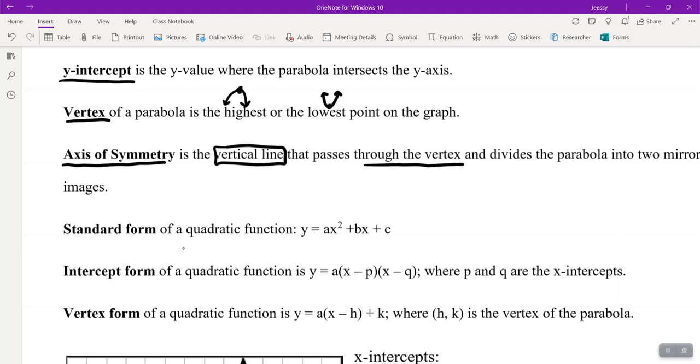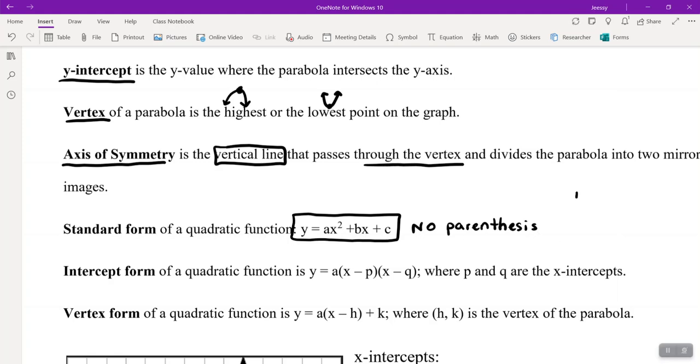Standard form is when you have no parentheses. Please write it down. Whether you have 3 terms, 2 terms, or 1 term. Notice that the definition simply says no parentheses.